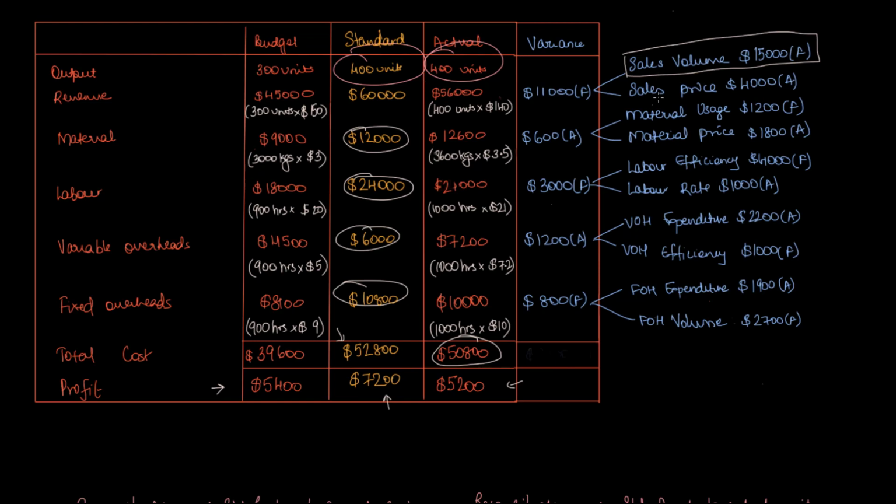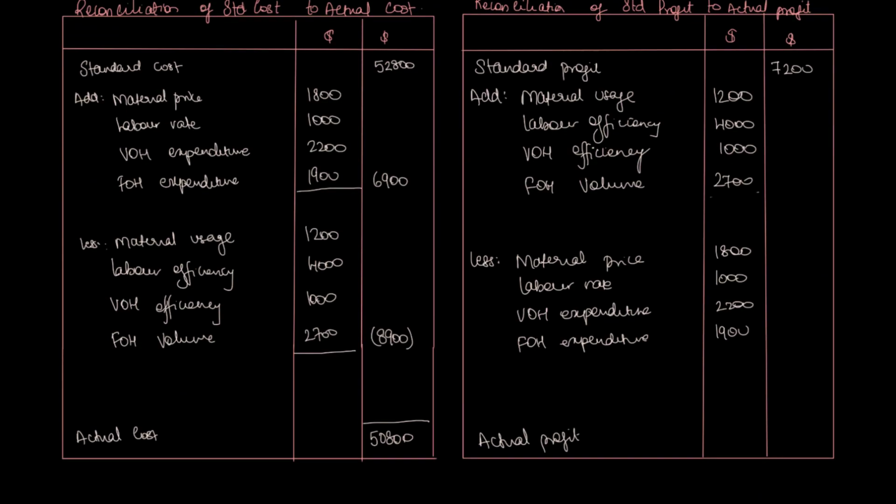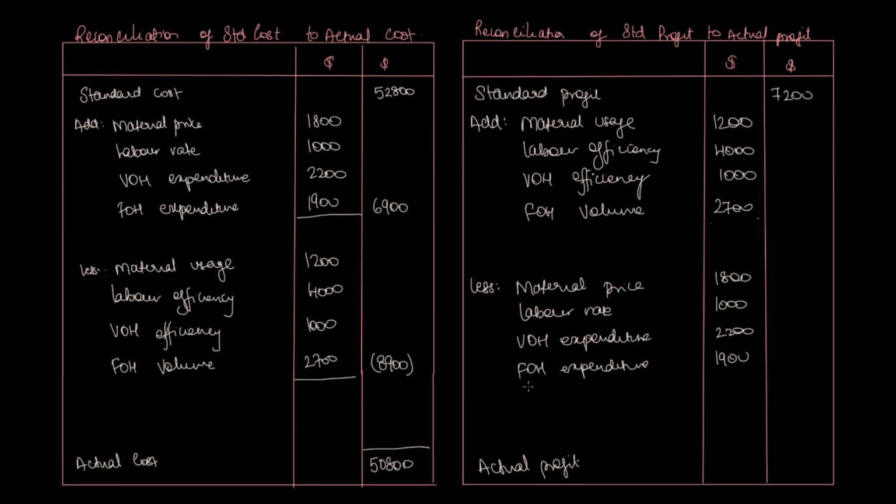Now the sales price variance, yes, we are going to consider because the difference in selling price has led to changes in revenue and that has led to change in profit. Now the sales price variance here is 4,000 adverse. So we are going to go down here and under the less part, we are going to say sales price 4,000.